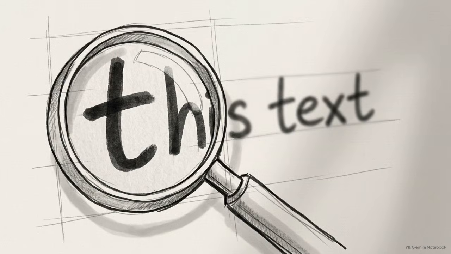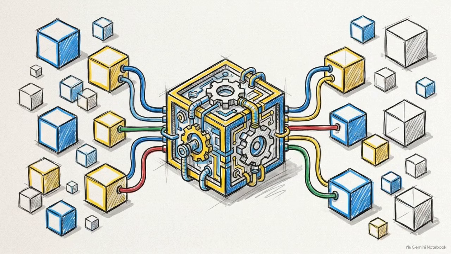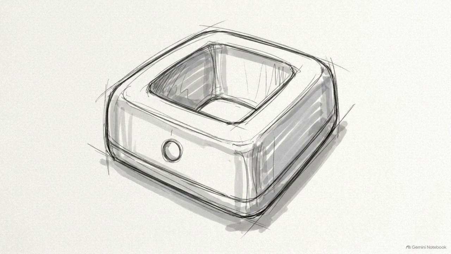You have to be precise when creating these. Python is highly sensitive to uppercase and lowercase letters. A lowercase t for true breaks your program, but an uppercase T is a valid boolean. Variables and data types are the raw ingredients of any application. Without them, your program has no memory, and your computer has absolutely nothing to calculate.